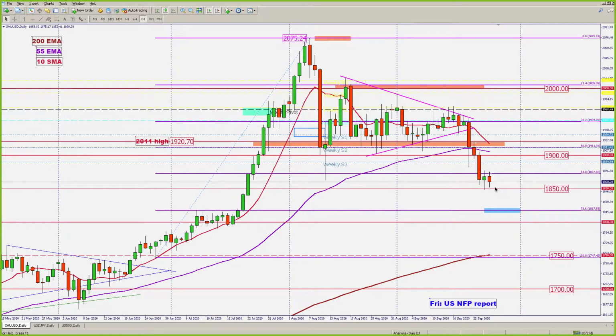So we are at an interim level of support, and if the US dollar retraces lower, then there could be a retrace higher for the spot gold. But if the US dollar continues higher, then spot gold could dip lower towards the 78.6 fib retracement at the 1817 or 1818 level, and that's where there's a previous breakout from as well, from a swing high and this consolidation area.